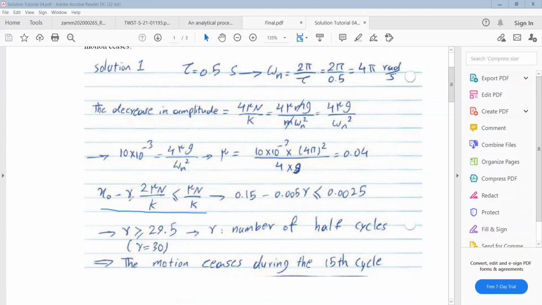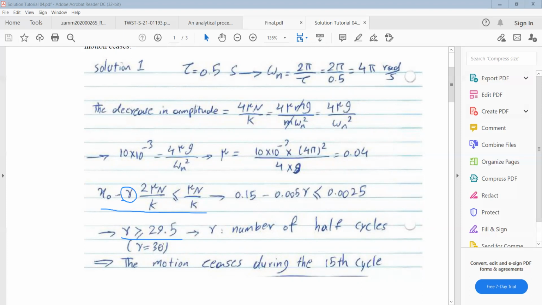From this equation, we can obtain R, which is the number of the half cycles. So we have mu, we have N, k, we can substitute and solve this equation for R, and we can obtain that R must be more than 29.5. We can round this number and it will be 30.